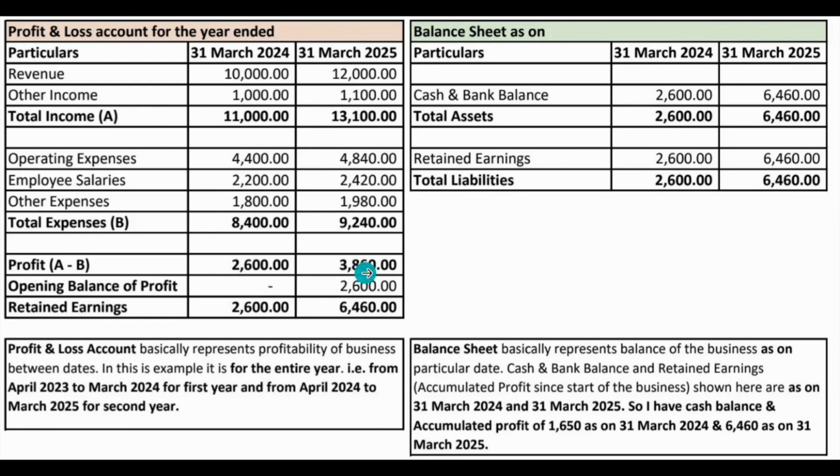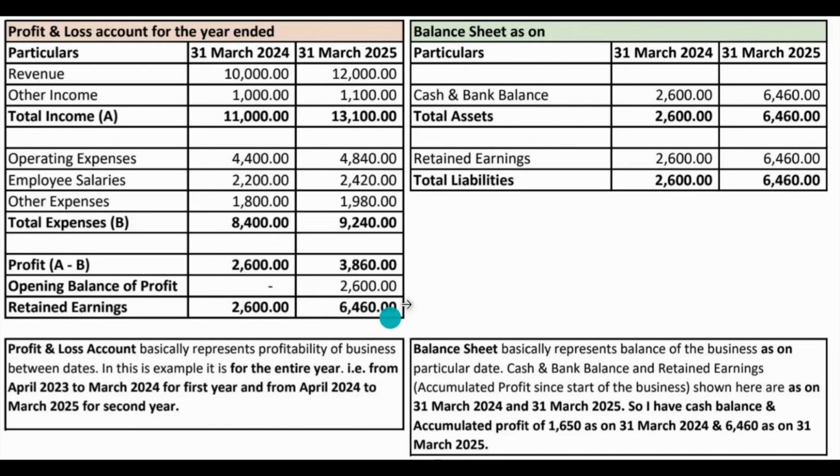Now we have an opening balance of profit of 2,600 from the last year, which we carry forward, so the opening balance of profit for 31st March 2025 is 2,600. So retained earning, that is accumulated profit from the start of the business, is 6,460, that is current year profit of 3,860 plus opening balance of profit 2,600.